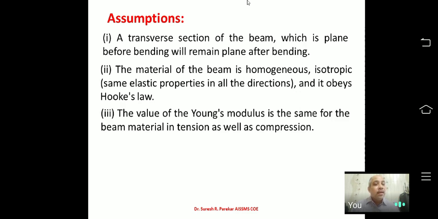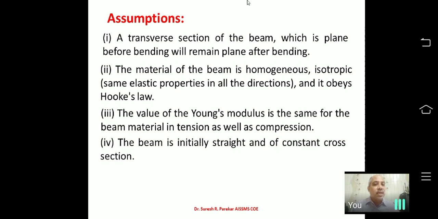If you remember, in plastic analysis we may have different values of Young's modulus in tension and compression, but here we are going to consider the same value in tension as well as in compression.